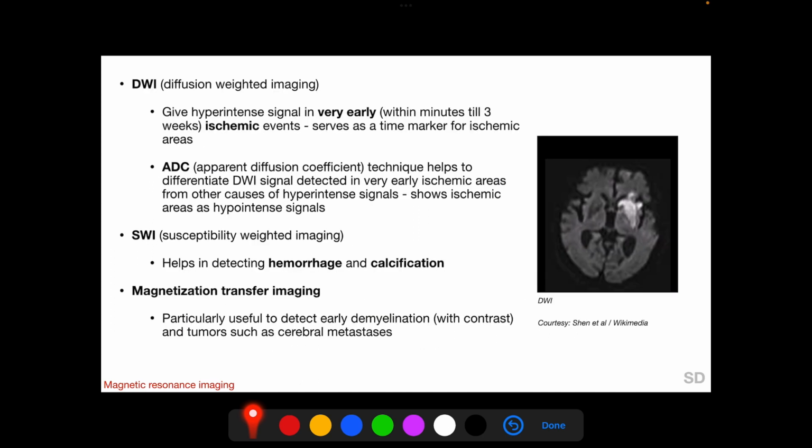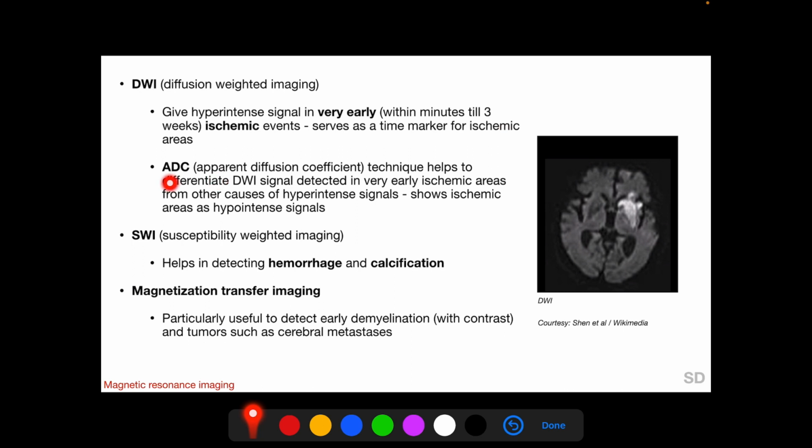DWI is important. This is diffusion weighted imaging and gives a hyperintense signal in very early ischemia, within minutes of the ischemia happening. So it serves as a time marker for the ischemic areas. DWI is often combined with ADC, called apparent diffusion coefficient.